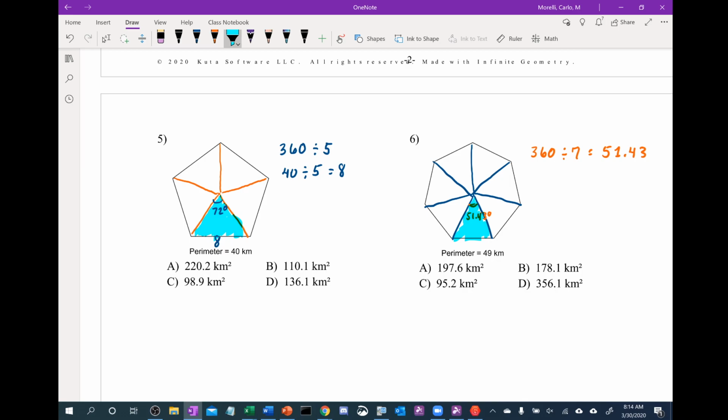I split the heptagon into smaller triangles, and then I divided 360 by 7 to find that each of the angles of those triangles is 51.43 degrees. So what you're going to do is just follow the process that you've been doing all along to solve for the area of one of the triangles, and then just multiply it by 7 to get the total area.